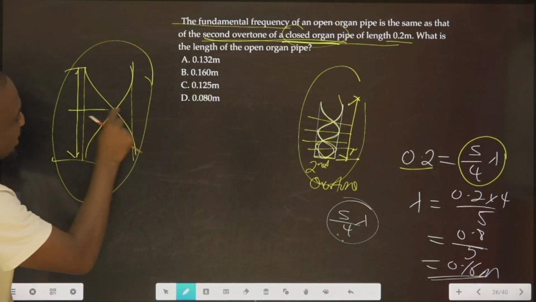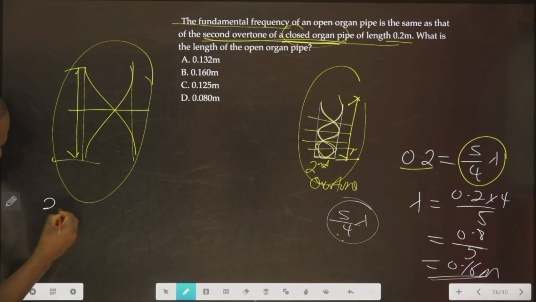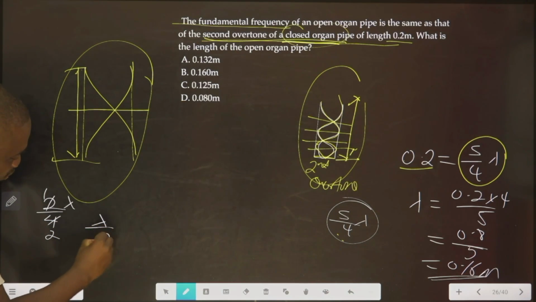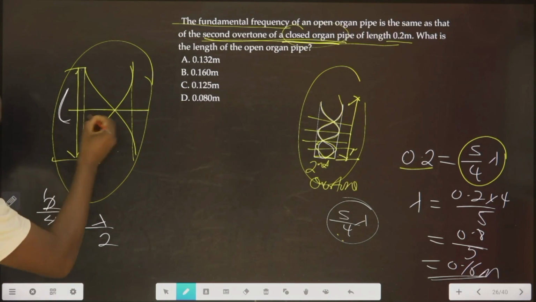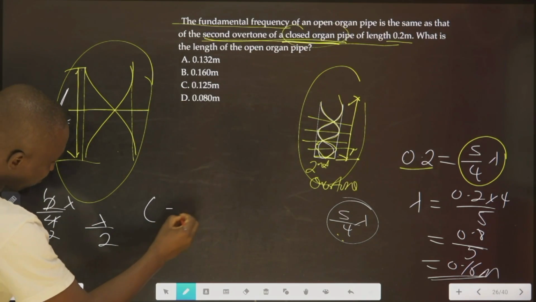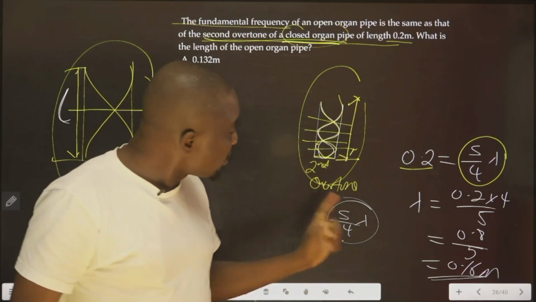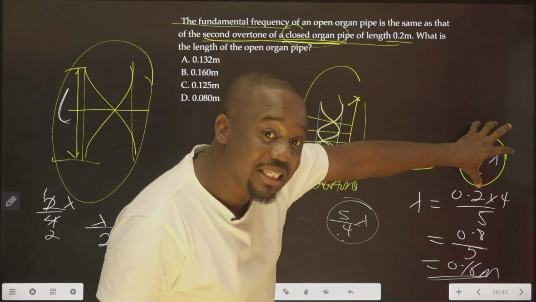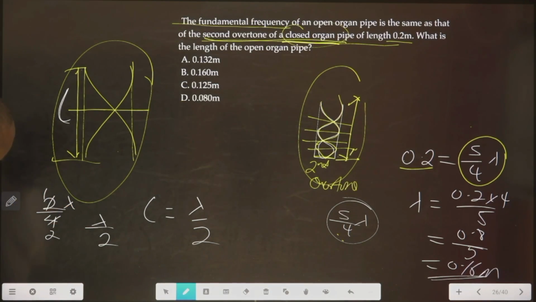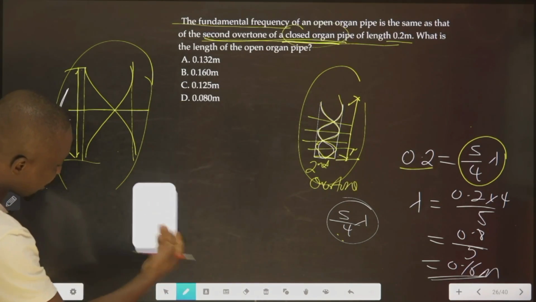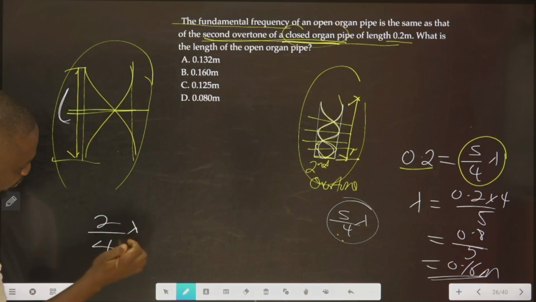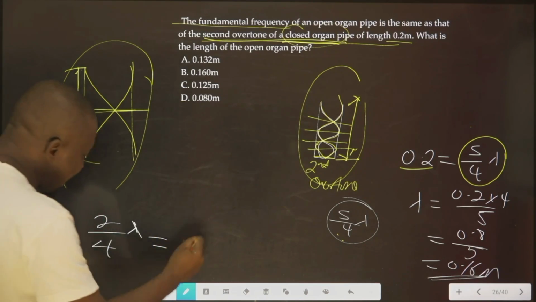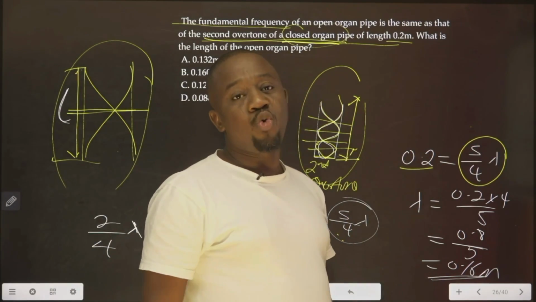Now let's go for this. How many are you seeing here? 1, 2. That is 2/4 of this, over this. Okay? And that is the length we are looking for. That is this length is equal to this. Remember, for this side, we also do the same thing. The length is equal to this. This one we have calculated now, let me write it. It's actually 2/4 of this, as equal to also the length.